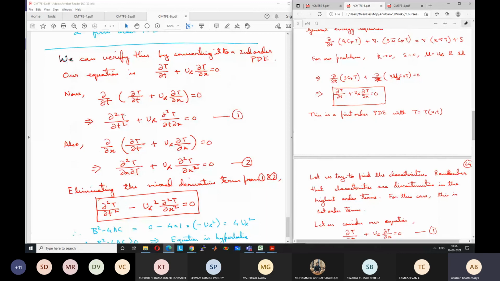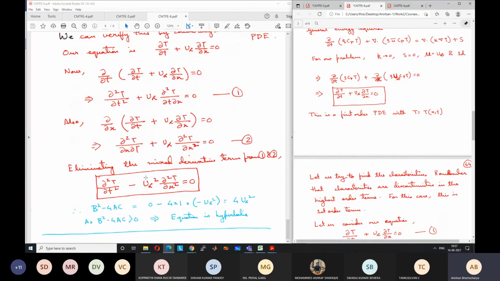So from 1 and 2, you can eliminate the mixed derivative. If you multiply the second equation by u infinity and subtract from the first equation, the mixed derivative will vanish and you will be left with del square T del t square minus u infinity square del square T del x square. This is like the wave equation, a physical equation that we have seen, which had hyperbolic behavior. So we have reduced it to one of the familiar equations for which we know the behavior is hyperbolic.